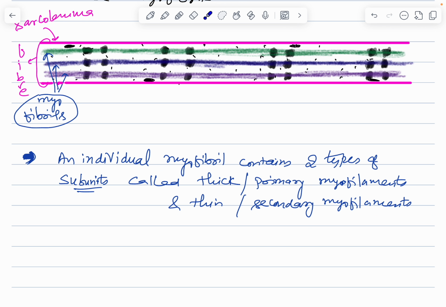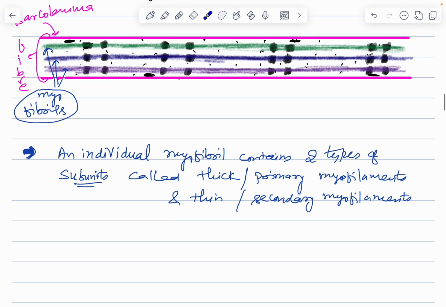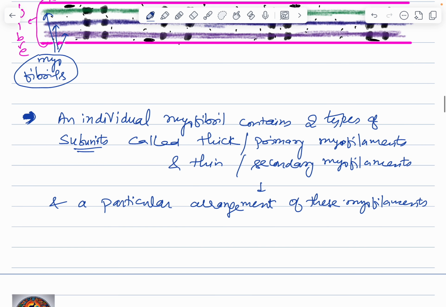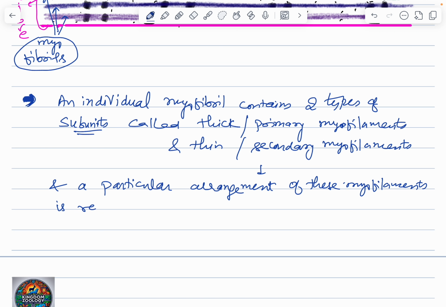So let me tell you something about this myofibril now. An individual myofibril contains two types of subunits called thick or primary myofilaments and thin or secondary myofilaments, and a specific, particular arrangement of these myofilaments is actually responsible for the alternate dark and light bands.